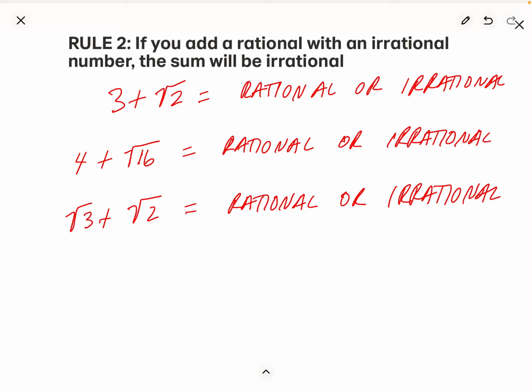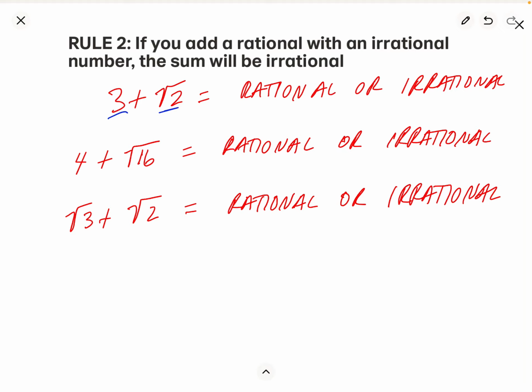All right, so let me give you an example. 3 is a rational number, it's an integer, and the square root of 2, since 2 is not a perfect square, we know that this is going to be irrational. So we're adding a rational number 3 with an irrational number, square root of 2. When we add those two numbers together, we're going to get another irrational number.